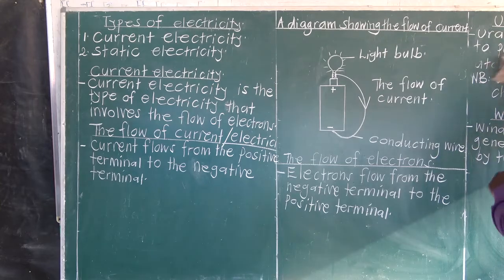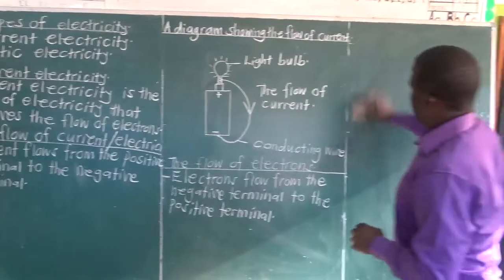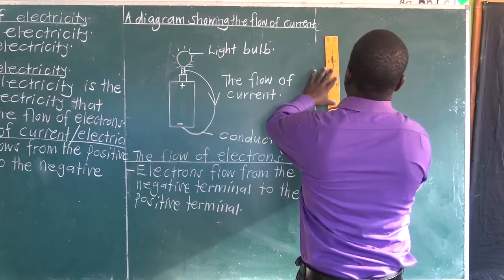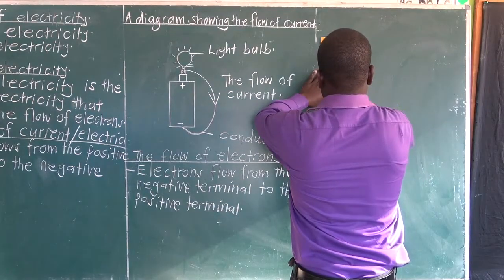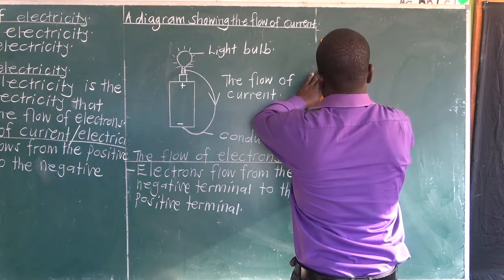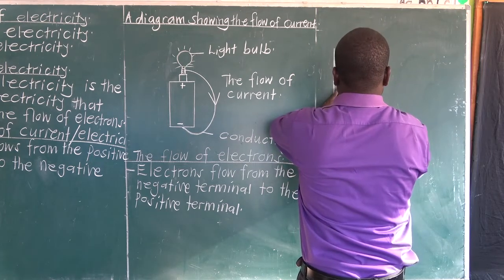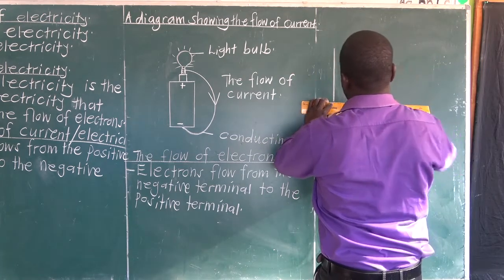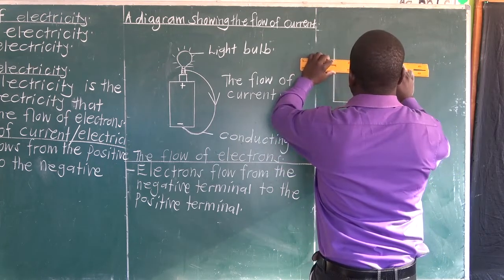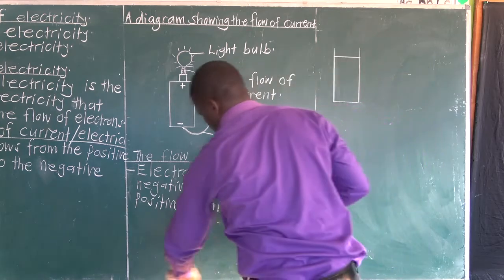Now a diagram showing the flow of electrons. So we again draw a dry cell.